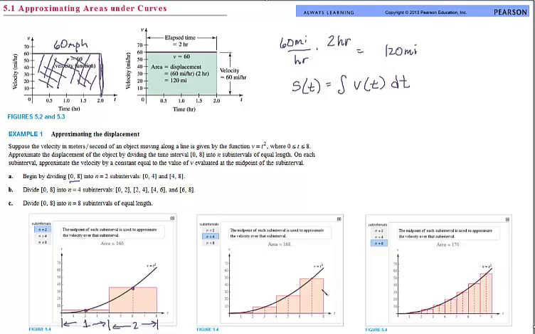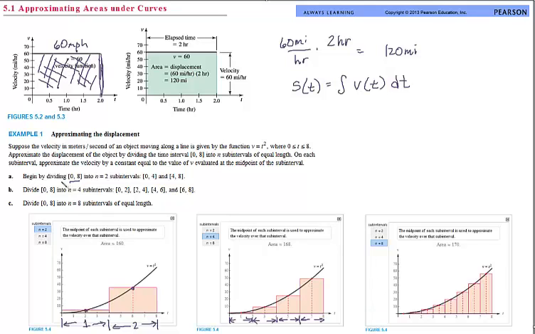This next one they want me to subdivide it into 4 intervals, so 8 divided by 4, that would mean each rectangle would be 2 in width, and I would get the midpoint of each one of these. You're going to see that either Excel or using your calculator table is going to be handy for this, which is what I'll be putting up here in just a minute.